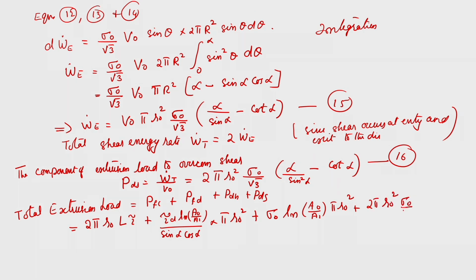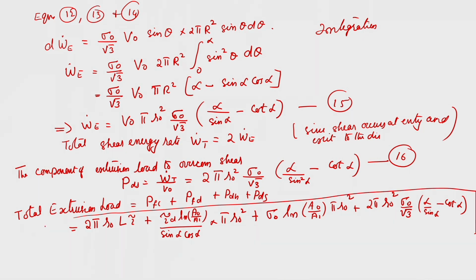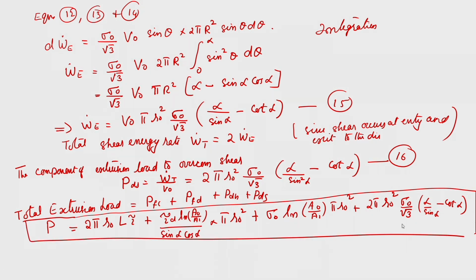It is a long equation, sigma 0 by root 3 into alpha by sin squared alpha minus cot alpha. All these four components are taken. So, that is how we get it.